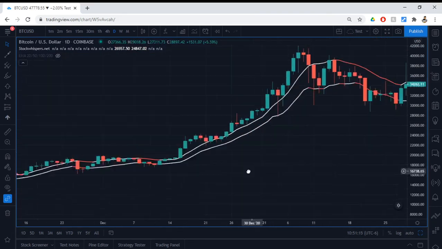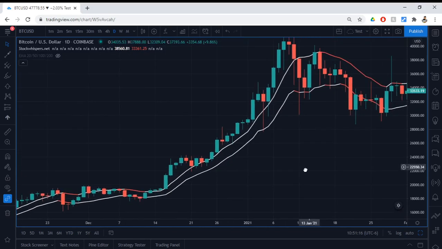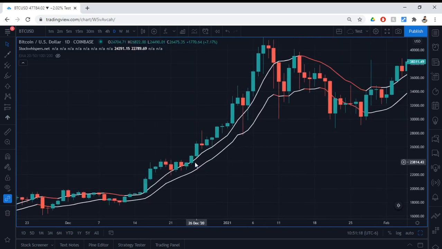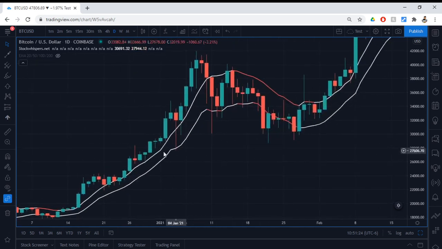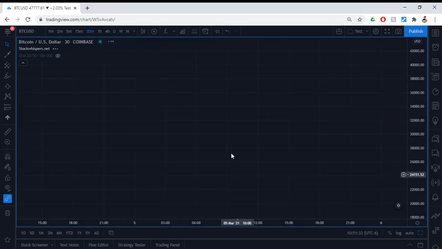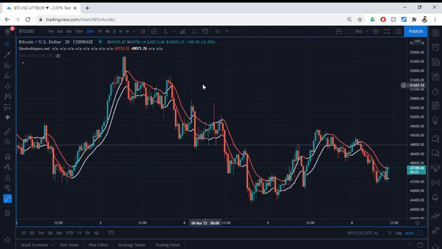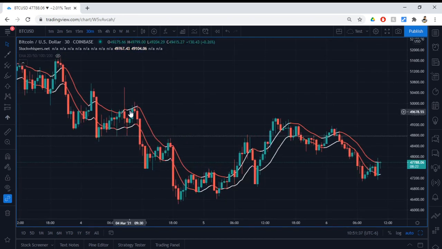And you can use this strategy of the lines to get in the trade when it touches these lines, right? And this is very similar to the 9-day moving average that we were talking about. It just touches these lines, and it doesn't matter what time frame you're using. It just kind of touches these lines multiple times.